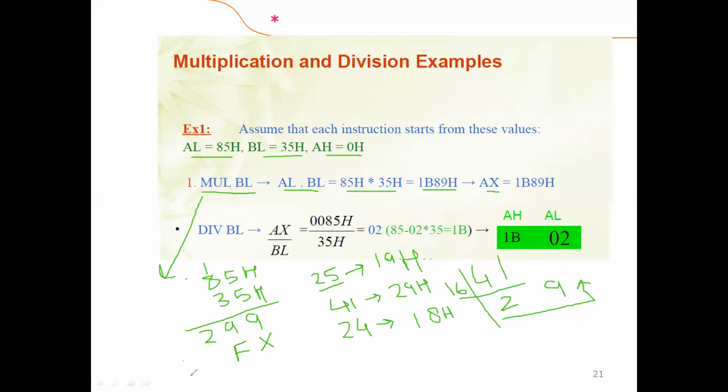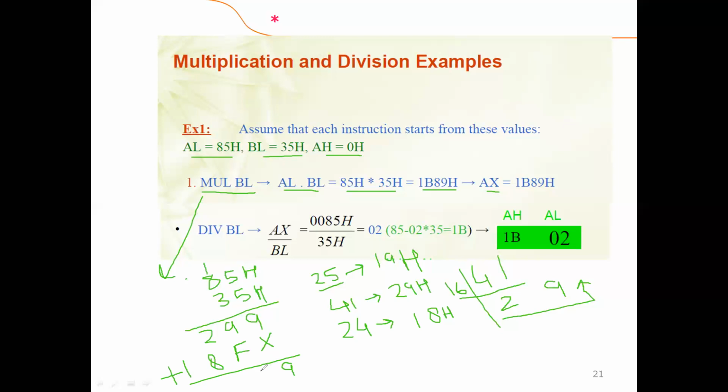Now we will add these two numbers. What will be the result? F is 15. 15 plus 9 is 24, and 24 is 18.